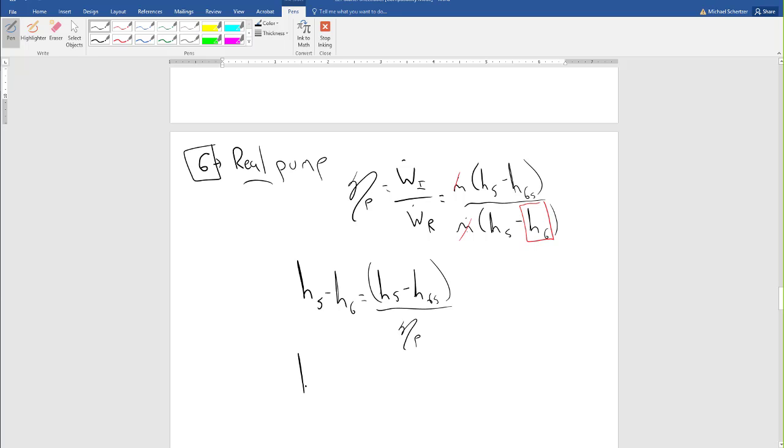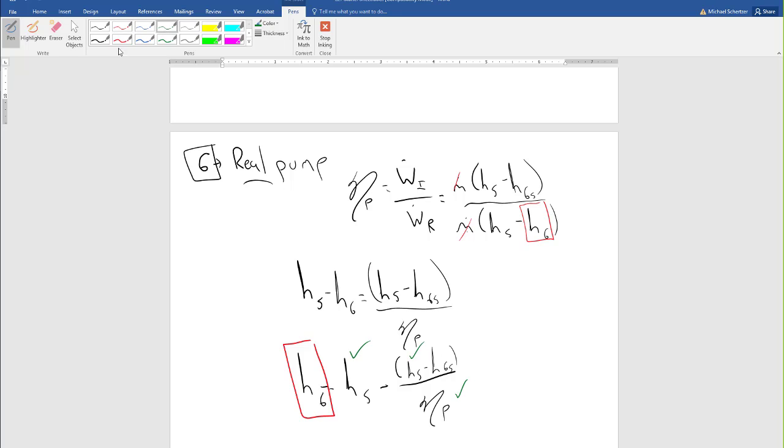Or I can isolate for H6 as being H5 minus H6S divided by my pump efficiency. In this case, I'm trying to find H6. I know H5.